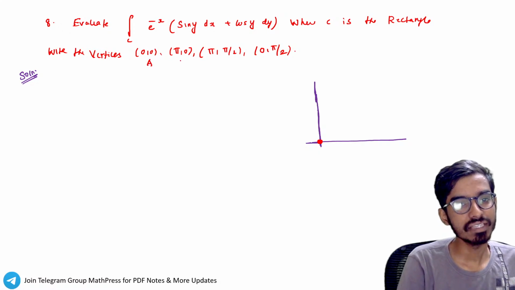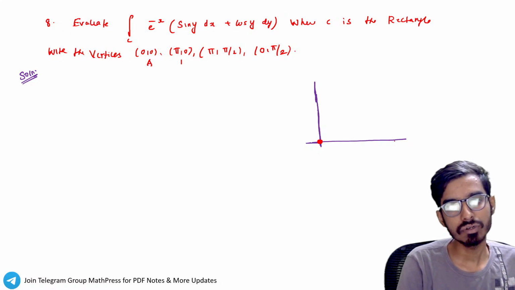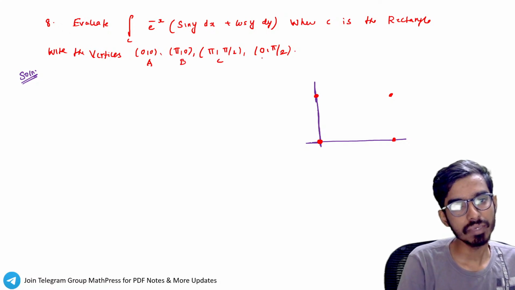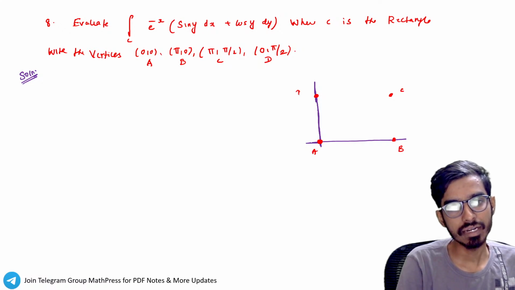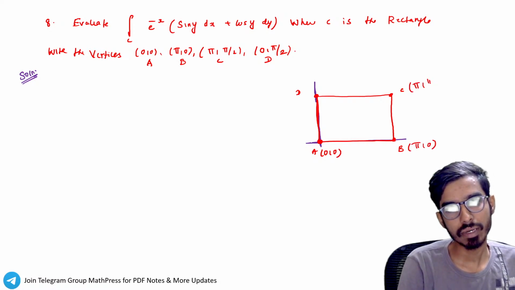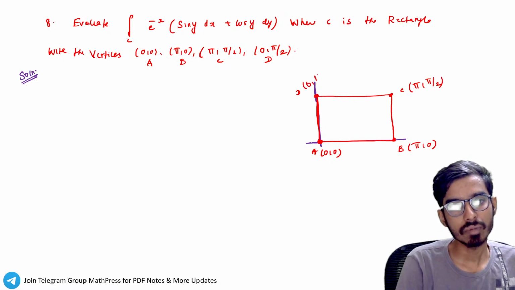Let us call these A, B, C, D. So this is our A, which is 0, 0; this is our B, which is pi, 0; this is our C, which is pi, pi by 2; and this is our D, which is 0, pi by 2. We need to evaluate this F in this region.